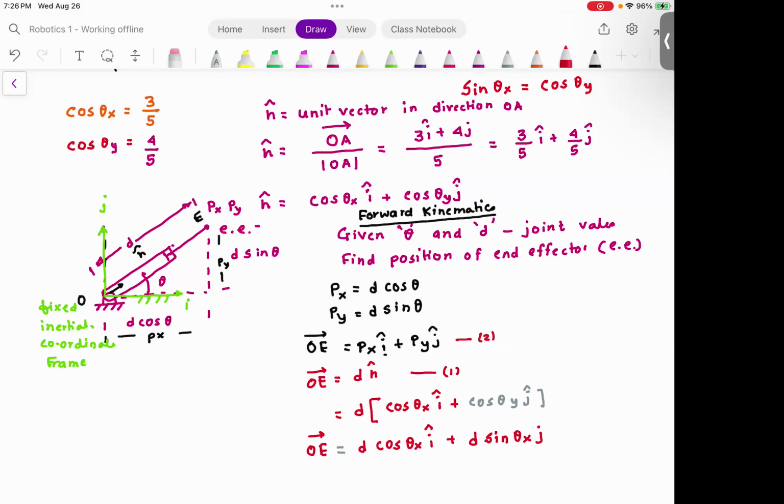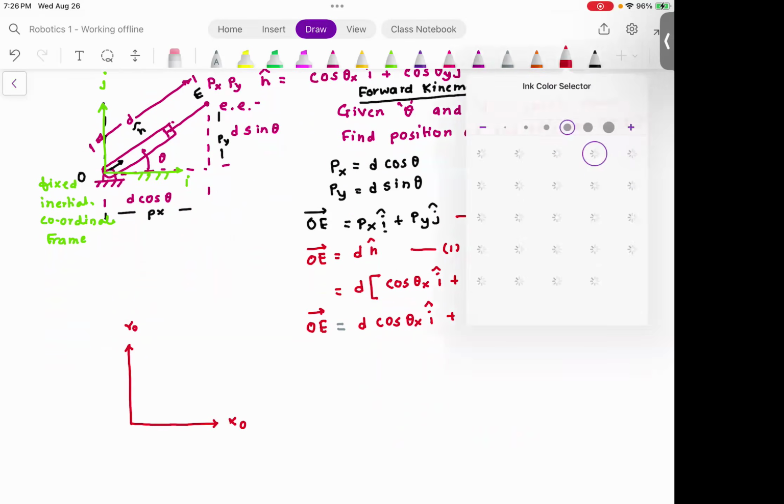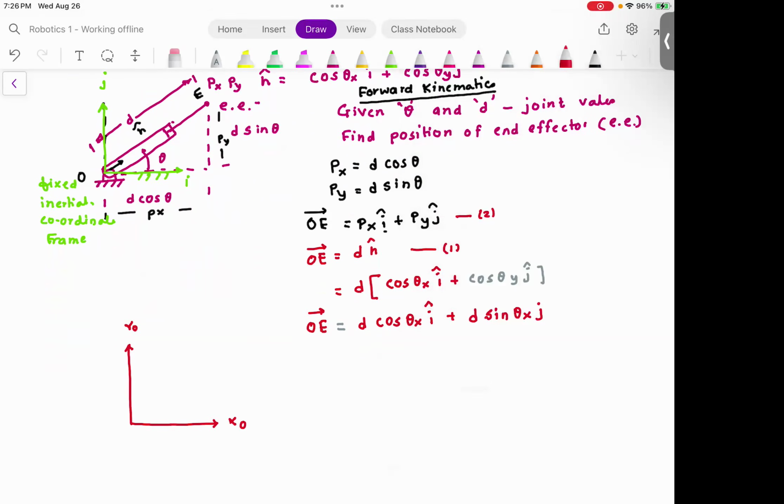So clearly, there is one unit vector. What I want to do is derive the most general expression for the coordinate frame, wherein you have this initial coordinate frame, which I'm going to call x naught, y naught, and this rotated coordinate frame, which I'm going to call x1 and y1.